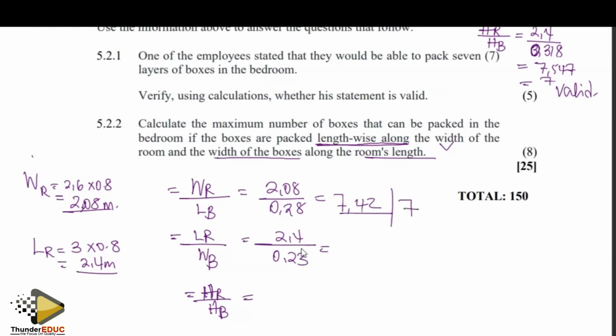Whereas 2.4 divided by 0.23, we have the answer as 10.43. The layers we already saw them as 7. What's the maximum? We shall say that.